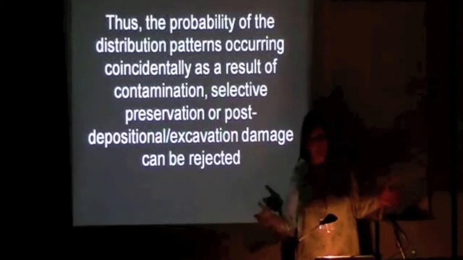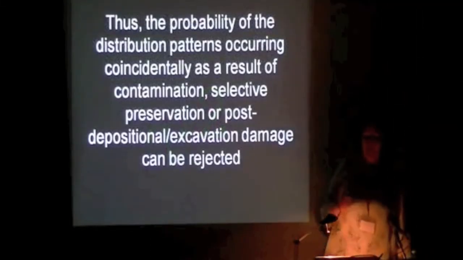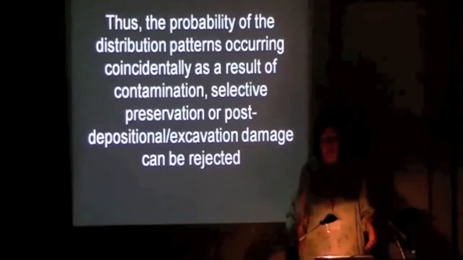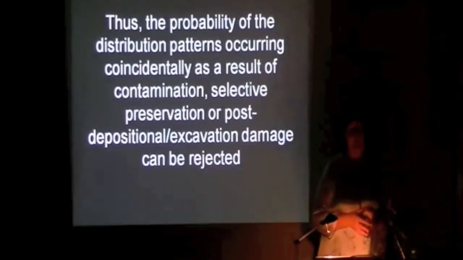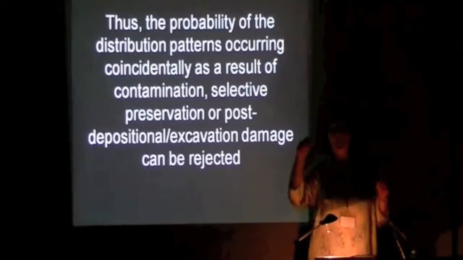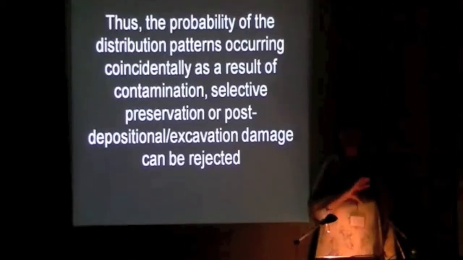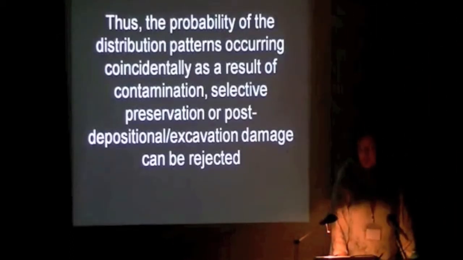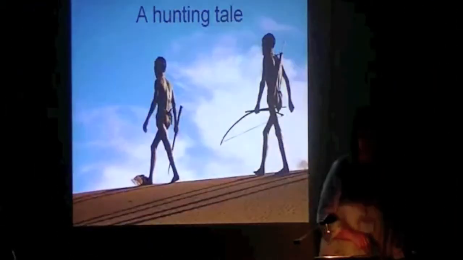Thus, the probability of distribution patterns occurring coincidentally as a result of contamination, selective preservation, or post-acquisitional or excavation damage can be rejected for the sample. Doesn't mean it didn't happen on one or two of them, but when we look at the sample, we can be rather confident that this is what we can say.